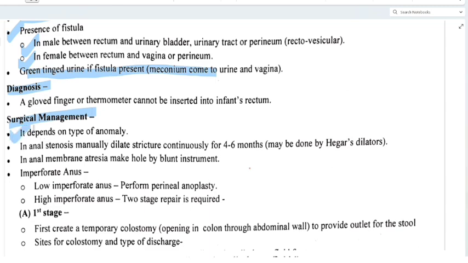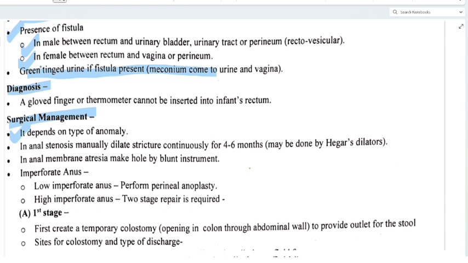In anal stenosis, manually dilate the stricture continuously for 4 to 6 months, which may be done by Hager's dilator. Okay, so if anal stenosis is present, then what are we doing? We are manually dilating the stricture continuously for 4 to 6 months with Hager's dilator. We have seen Hager's dilator in OBG, right?